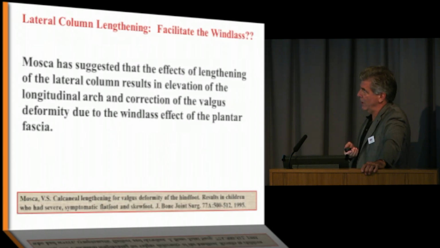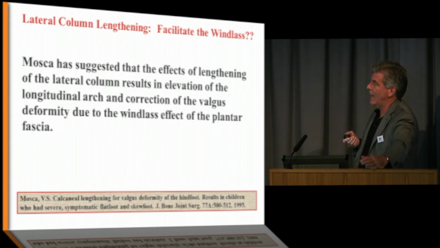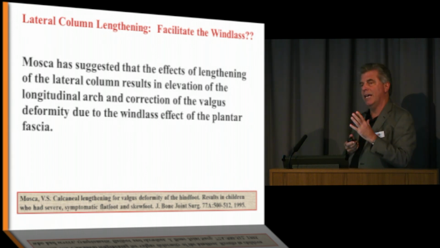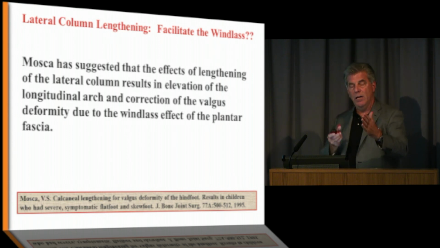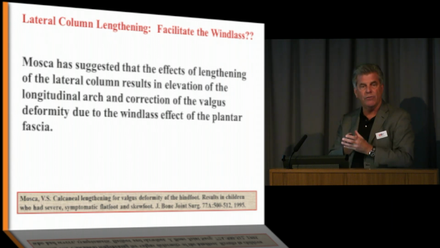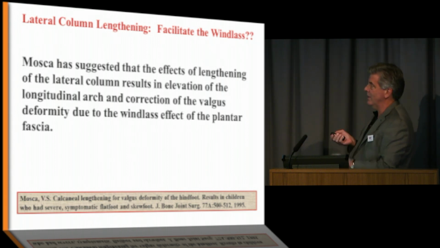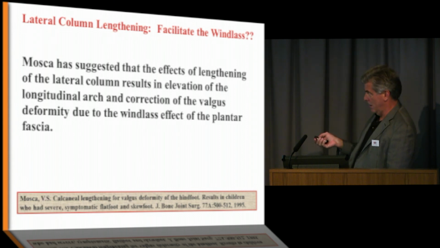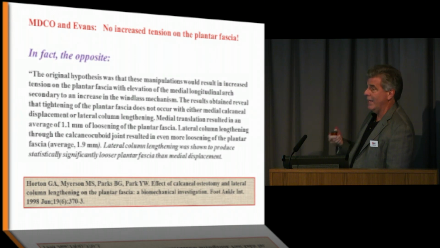This is what's so interesting: they've looked at this lateral column lengthening procedure, and they've tried to figure out why it is so profound. And Mosca speculated, I know why. I think it tensions the plantar fascia, tightens it, and raises the arch of the foot. But when Mosca did his study on cadaver models, they found the opposite.